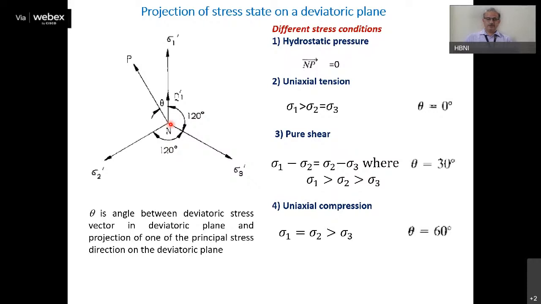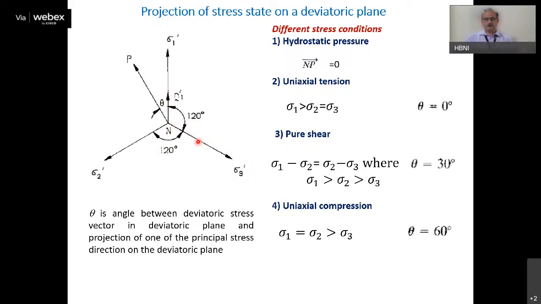Whereas if you apply uniaxial tension, one of the principal stress components will have higher magnitude as compared to the other two, and this corresponds to theta equal to 0.